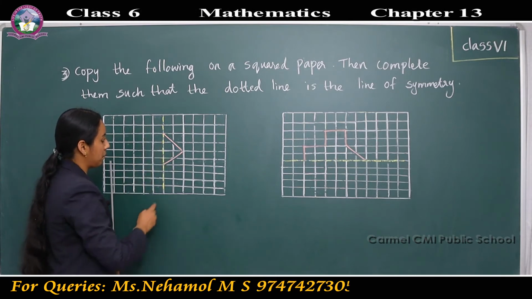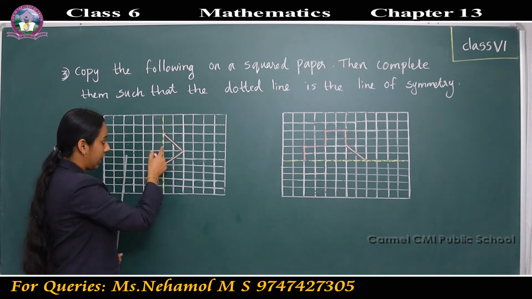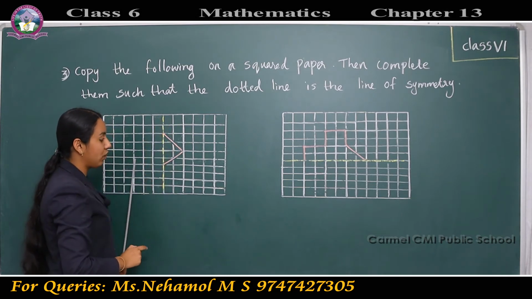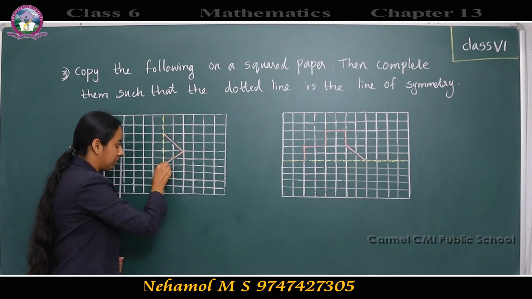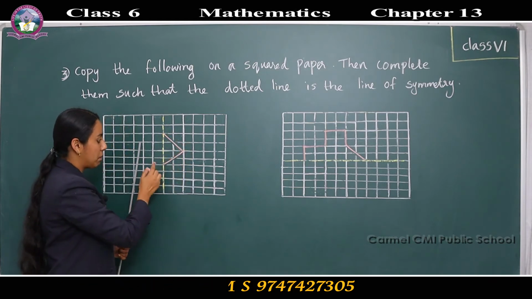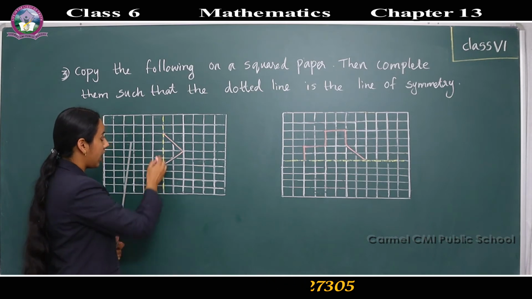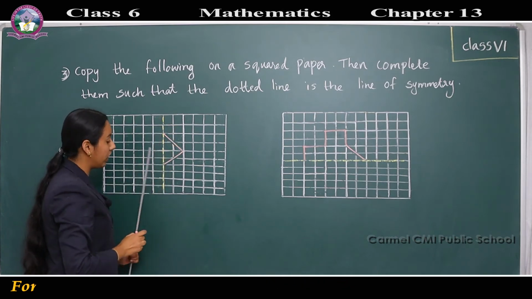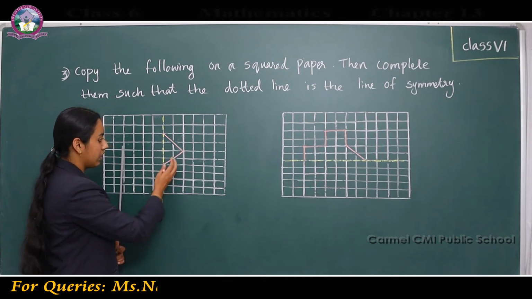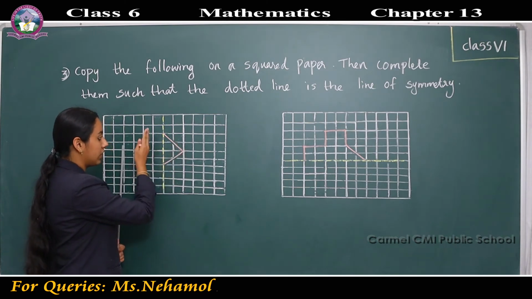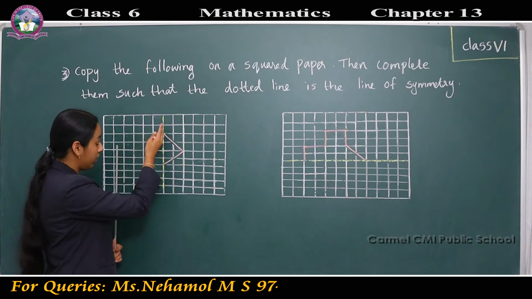Consider the first one. Here this dotted yellow line represents the line of symmetry, and this is the given figure. We have to complete this figure such that this yellow line is the line of symmetry. The same portion will be there on the other side of the dotted line.